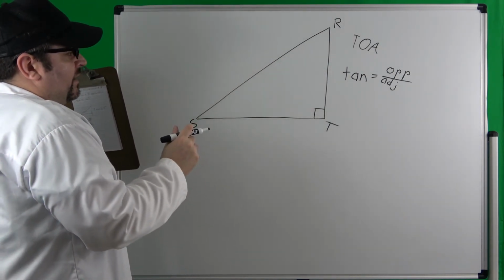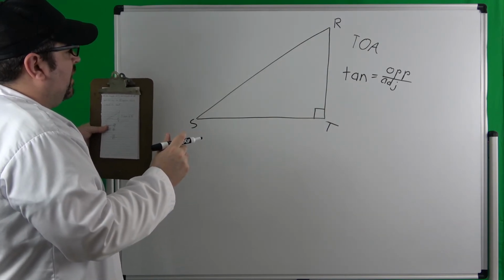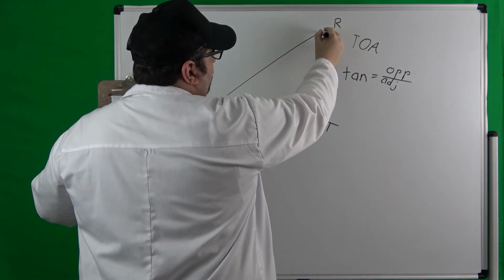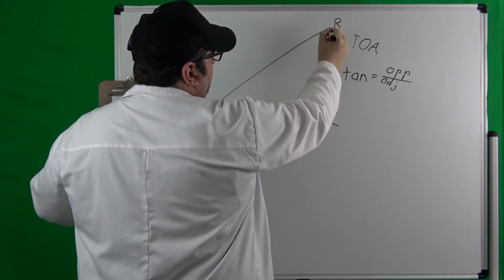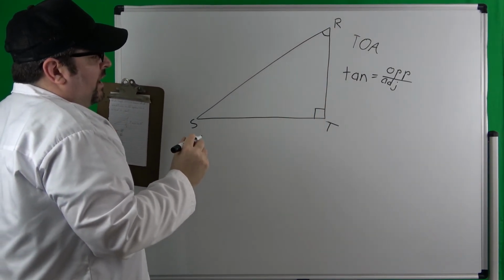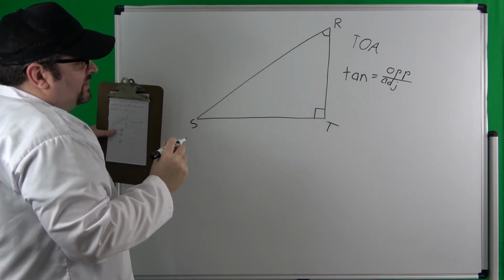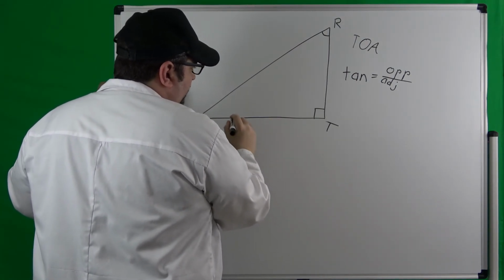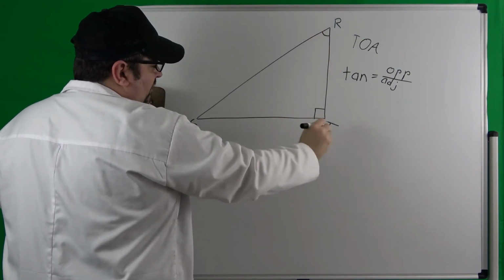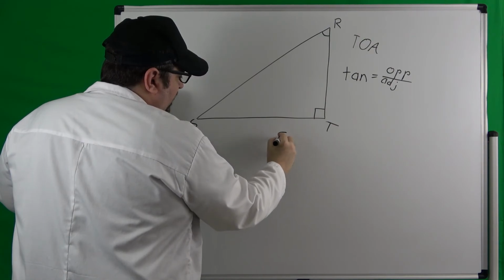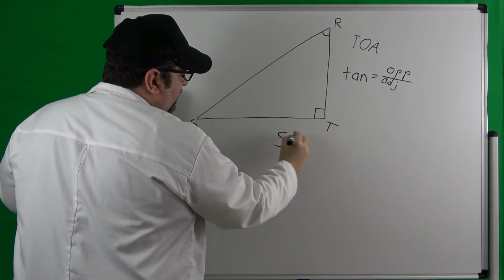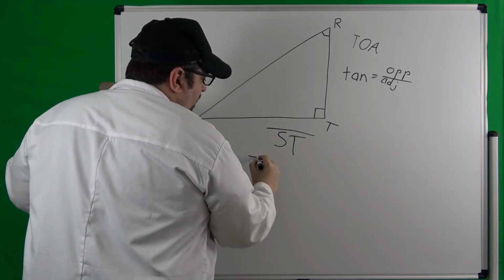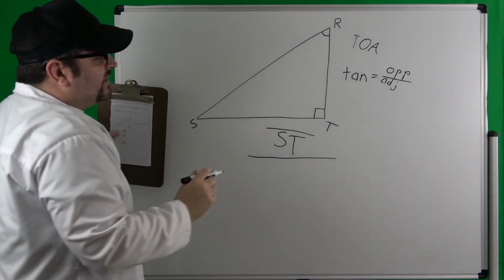So, okay, the tangent of R here, angle R, is the opposite line, which would be ST. It's the line, the opposite of it, ST, over adjacent.